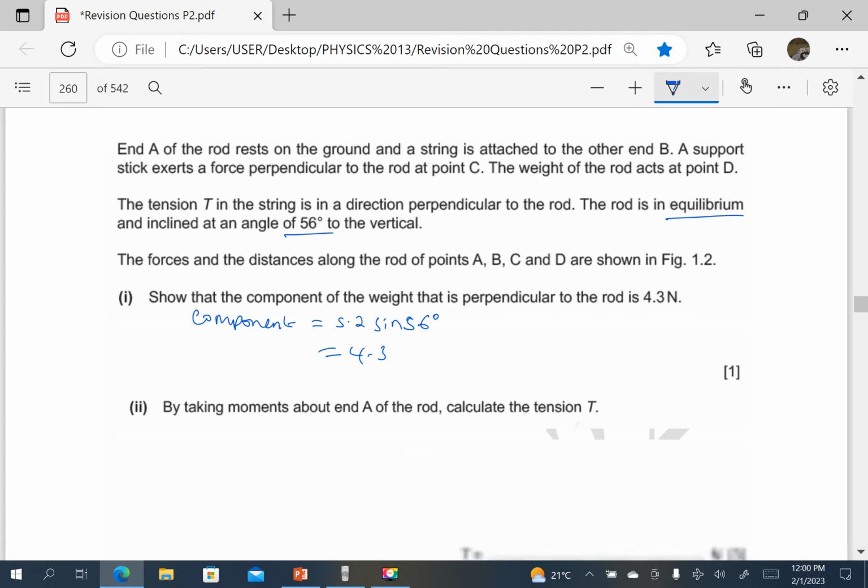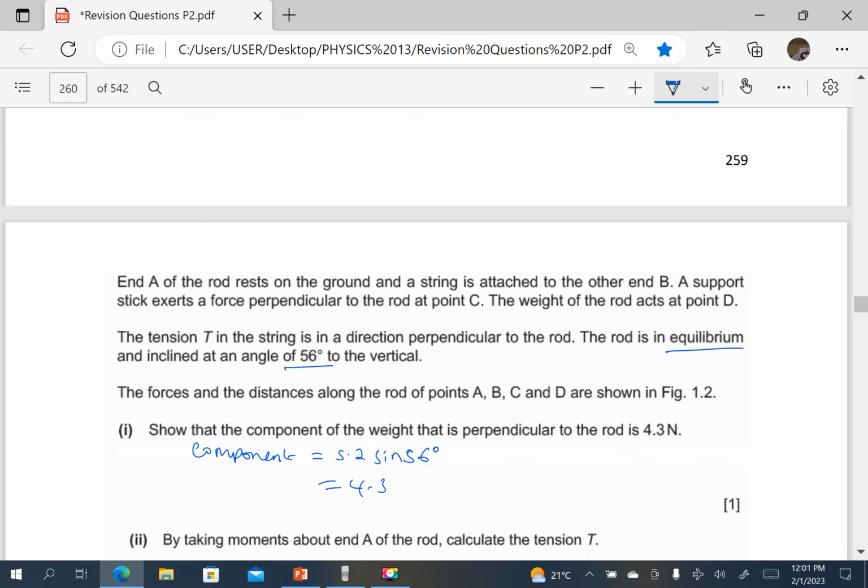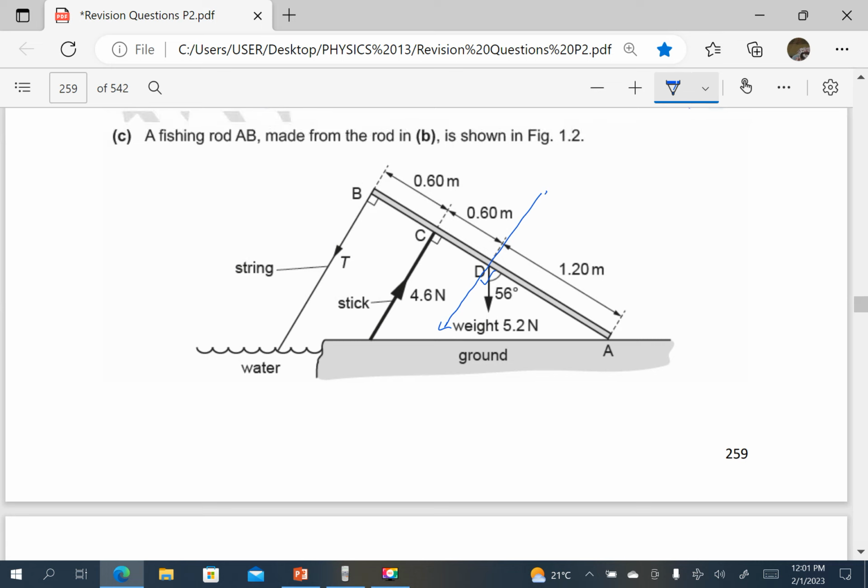By taking moments about end A of the rod, calculate the tension T. So you notice that the weight is causing anti-clockwise moment. T is going to cause anti-clockwise, but this 4.6 will cause clockwise. So by taking moments, if it is in equilibrium, the sum of clockwise moments is equal to the sum of anti-clockwise moments.